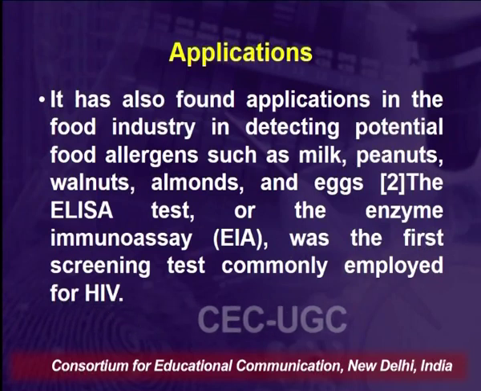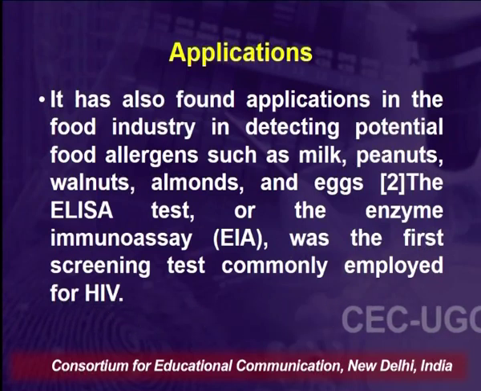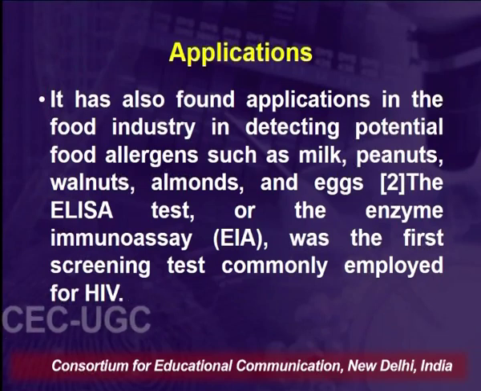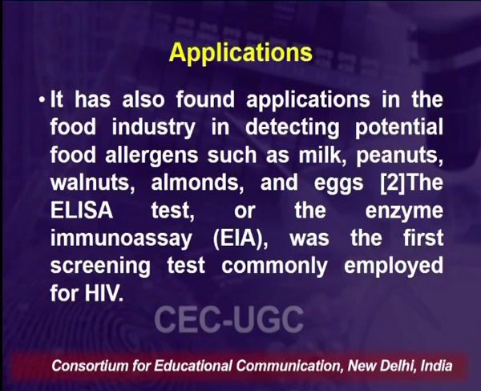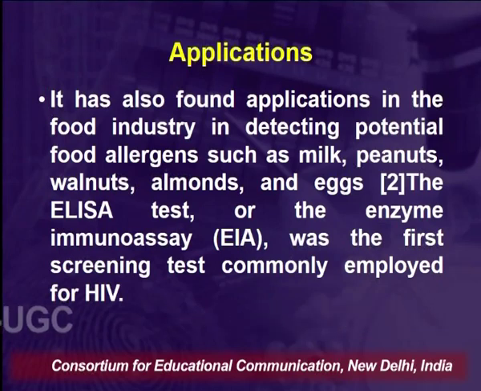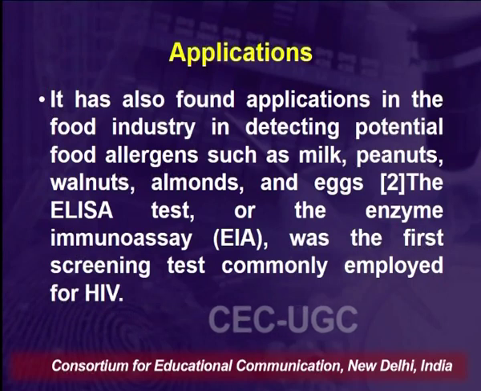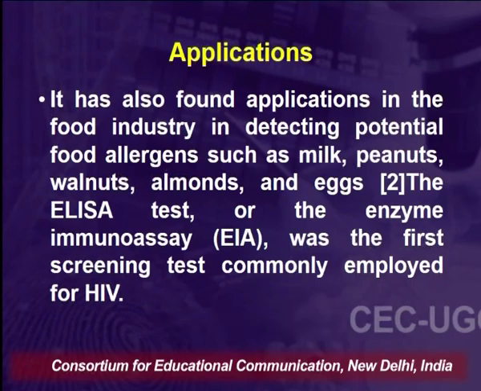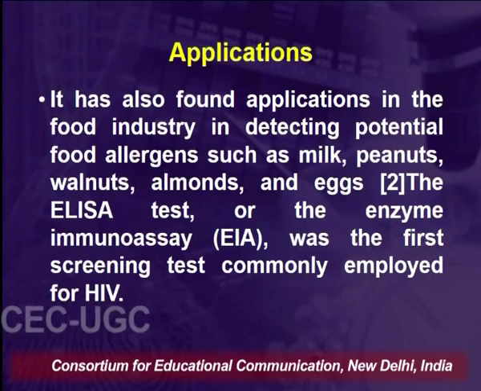Coming to the applications, ELISA has found applications in the food industry. We can use it for the detection of potential food allergens in milk, peanuts, walnuts, almonds and egg. The ELISA test or the enzyme immunoassay was the first screening test commonly employed for HIV.